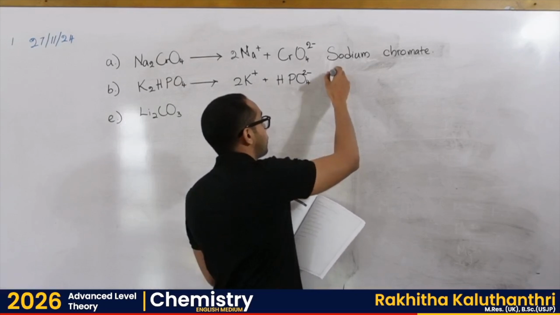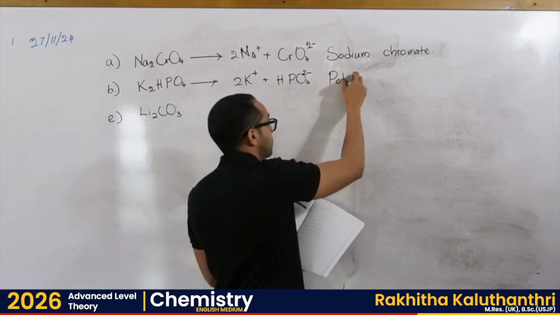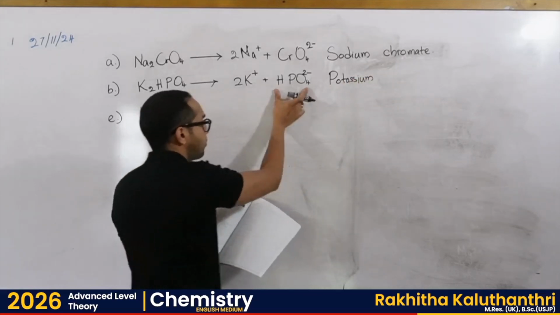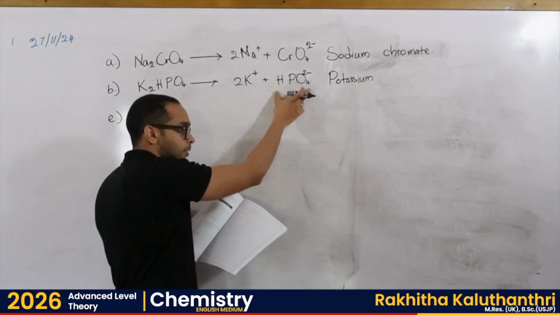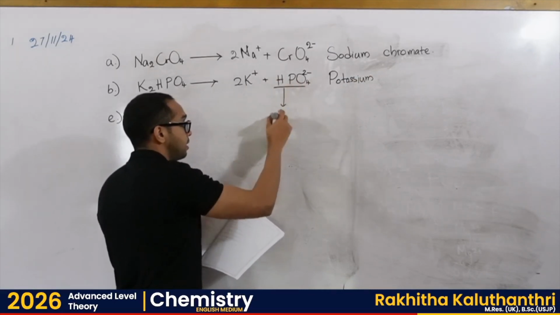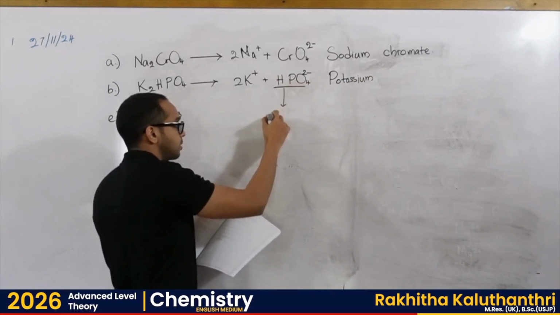So the name would go as potassium hydrogen phosphate. The name of this ion is hydrogen phosphate.